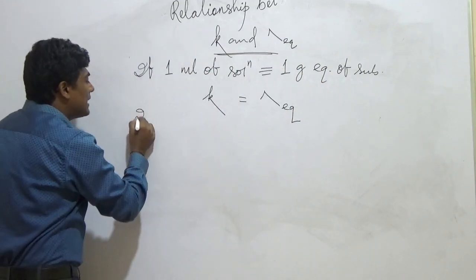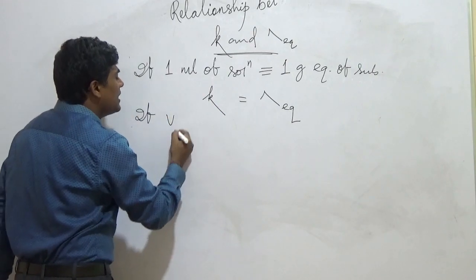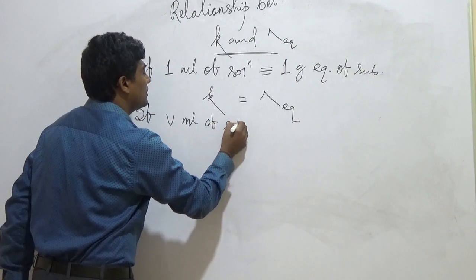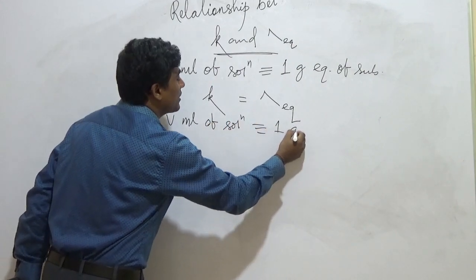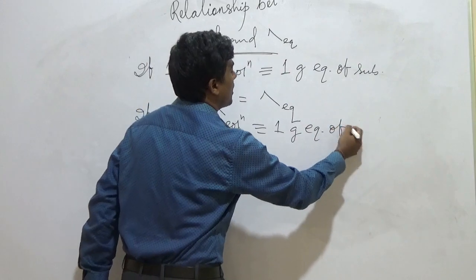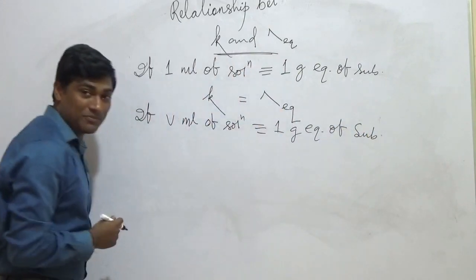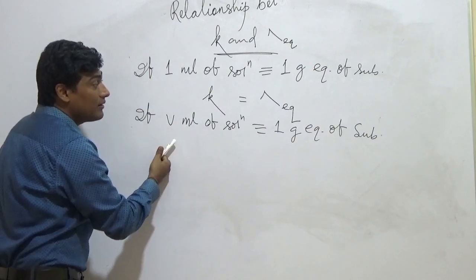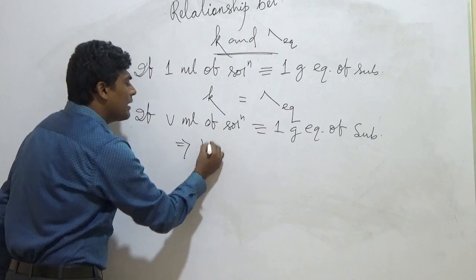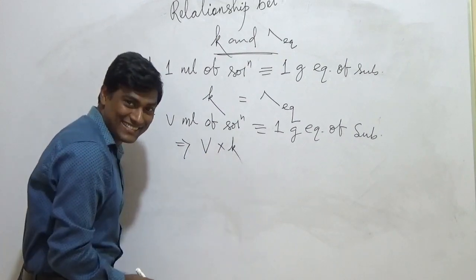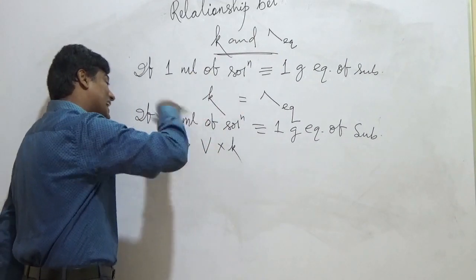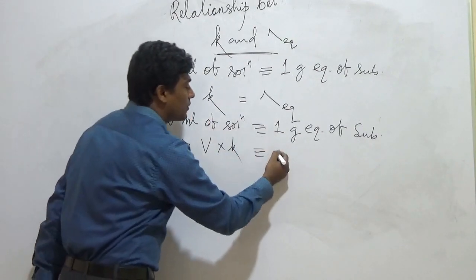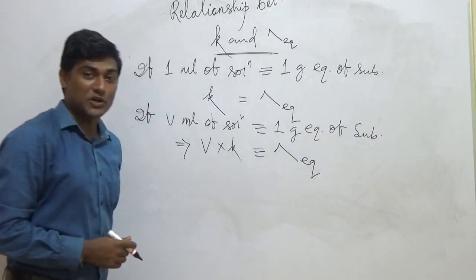Once again, if V ml of solution contains that 1 gram equivalent of substance, then if for 1 ml this is kappa, for V ml the specific conductance will be V kappa, isn't it? And inside that V ml of solution you have 1 gram equivalent. That means V kappa is equal to the equivalent conductance.